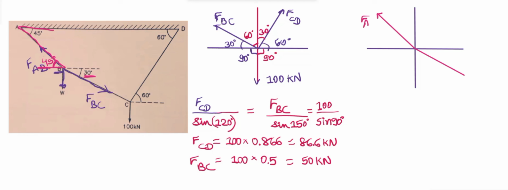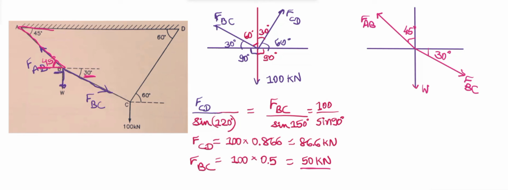Here this force is FAB. This force is FBC acting at an angle of 30 degree. Then we have this angle, which is 45 degree, and in the downward direction we have the weight.